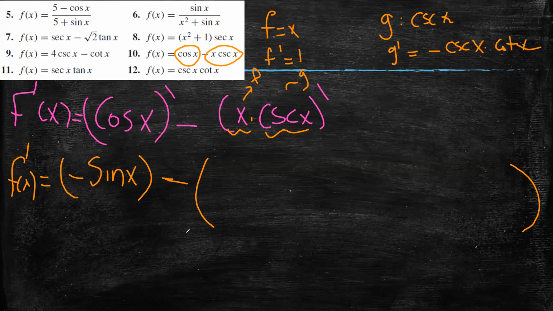Then the product rule said g prime, where's g prime? It says g prime f plus f g prime. So where's g prime? It is negative cosecant cotan. So negative cosecant x cotan x times f. Where's f? It is x.